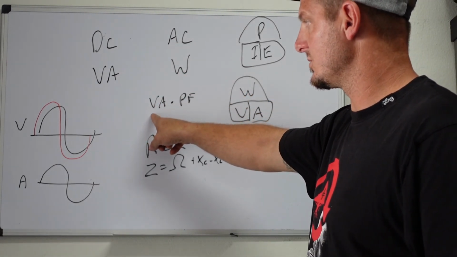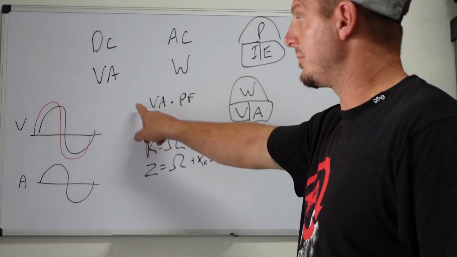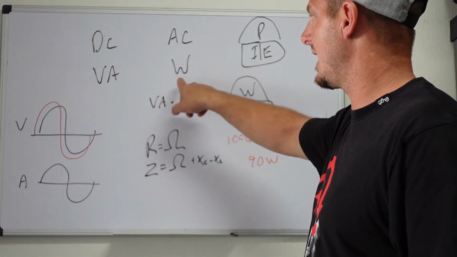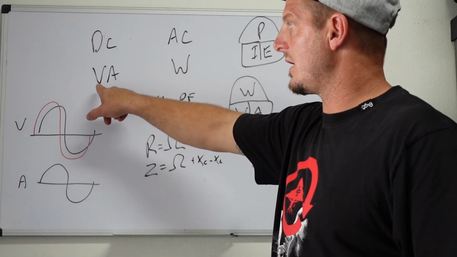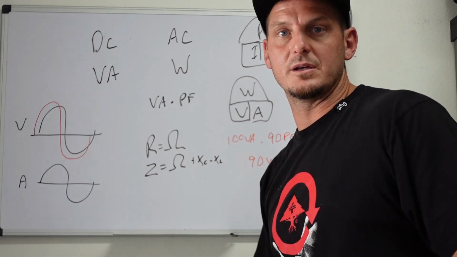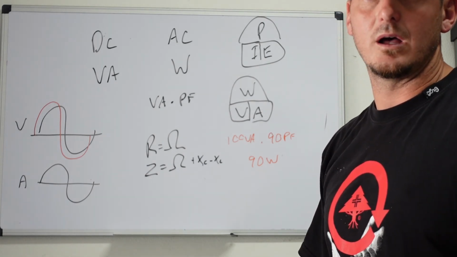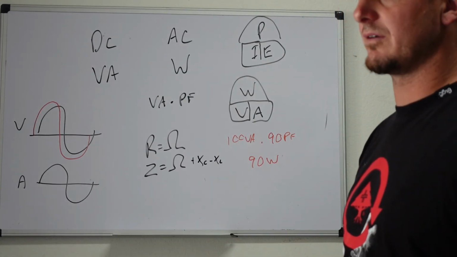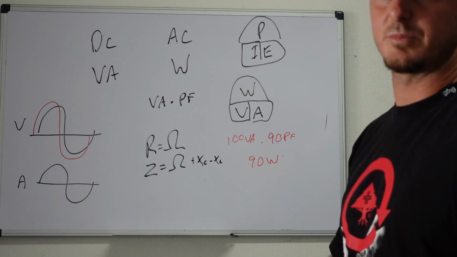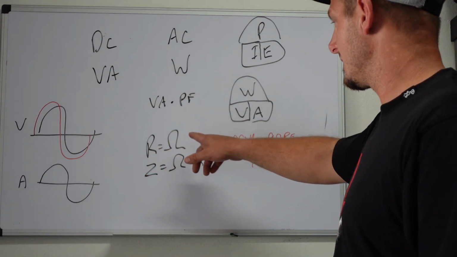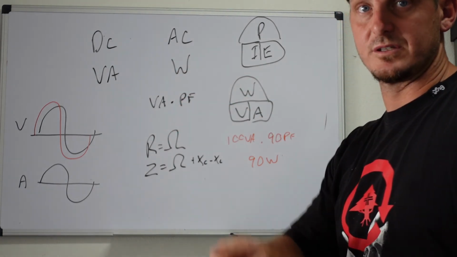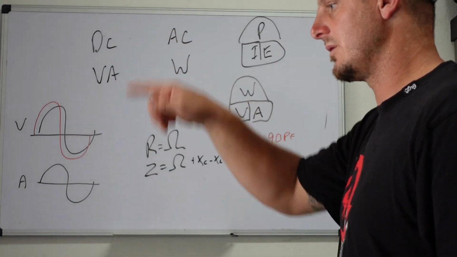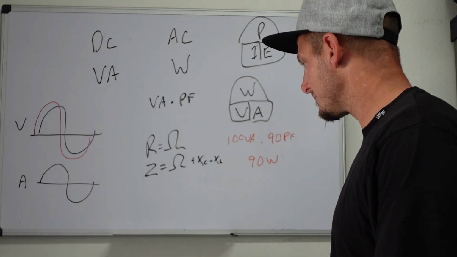So this is actually what's known as apparent power, and this is actual power for watts for AC. In DC, your actual power is going to be expressed in VA because you don't have as much effect. You do have an inductance and capacitance effect, but it's not as great as it is in AC because of the nature of the sine wave going up and down and everything that's going on there.